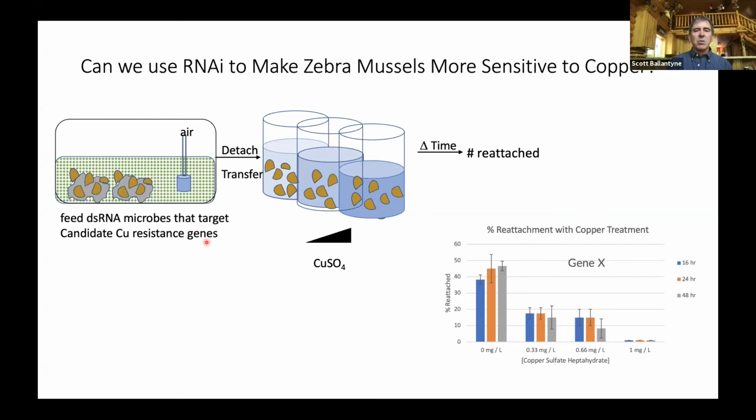We actually have a group of genes that we predict would be involved in copper resistance. So we knock down those genes, and then we repeat the copper test. What we'd be looking for are, this would be the control, just what I showed you a moment ago. But if we have some hypothetical gene X that's involved in copper resistance, it should shift the curve to the right. Right? So it should make mussels that are in low doses of copper behave like they're in high doses of copper.